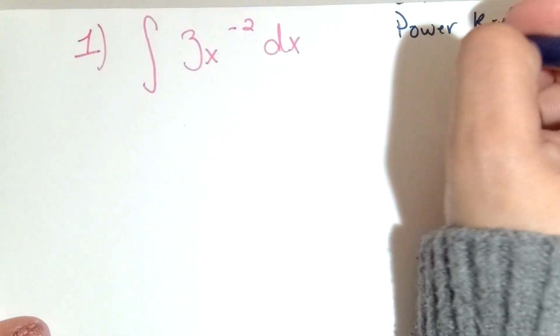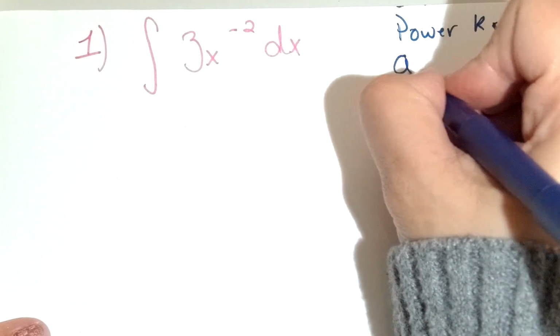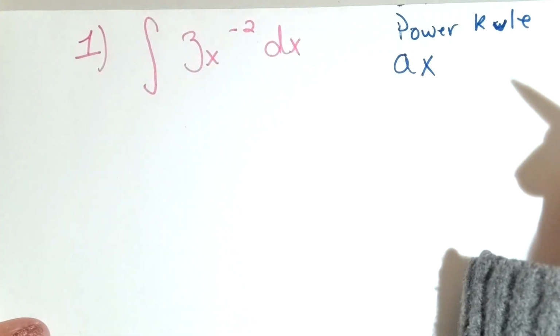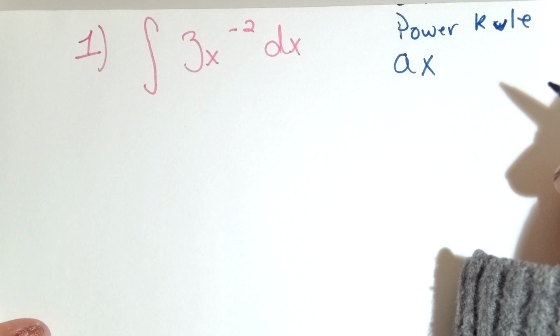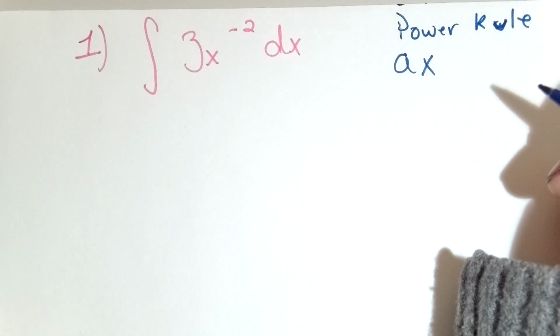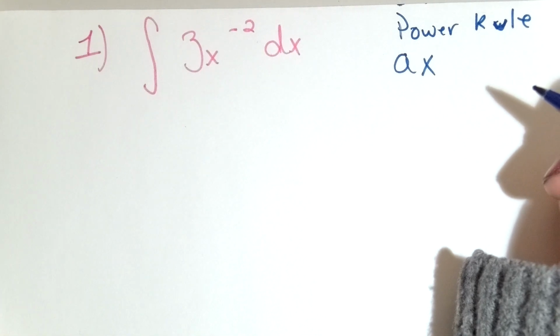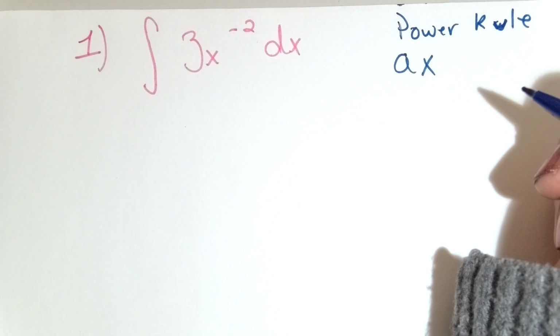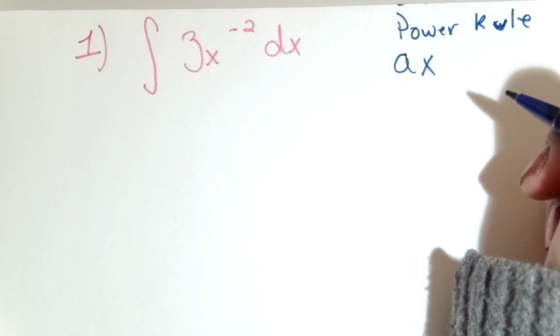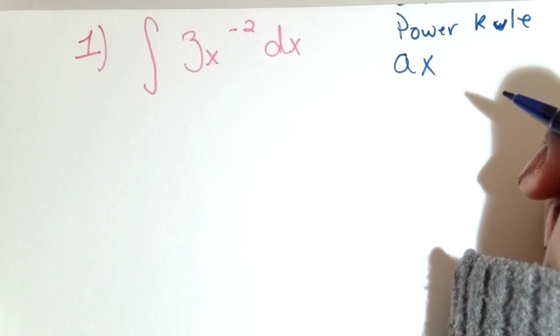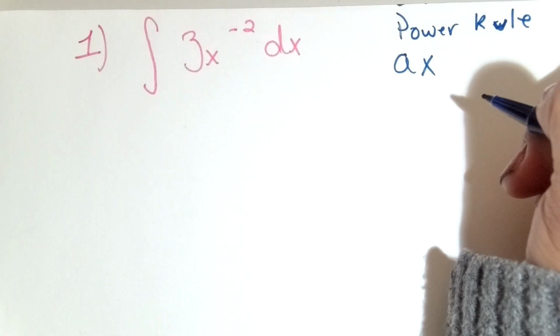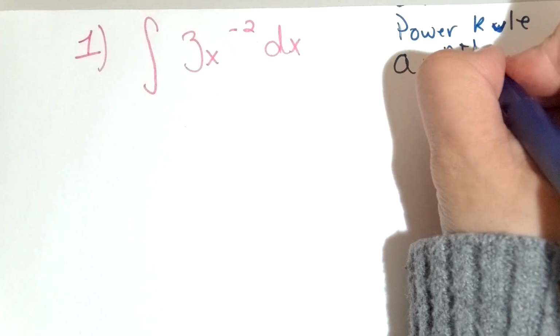The power rule says, what do I do to my exponent? It's in the notes from yesterday. We're going to add 1 to the exponent, and then what?